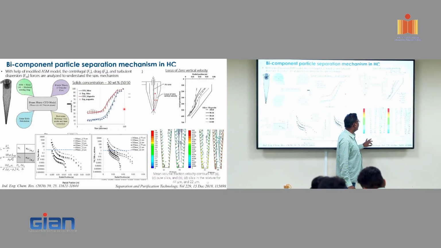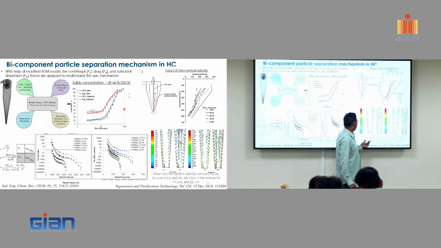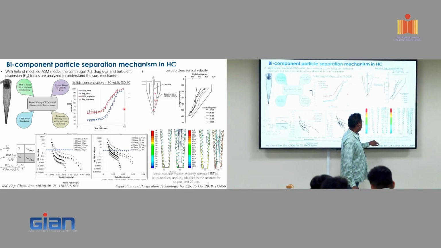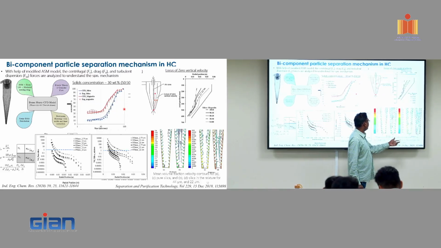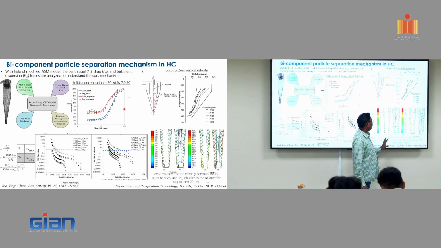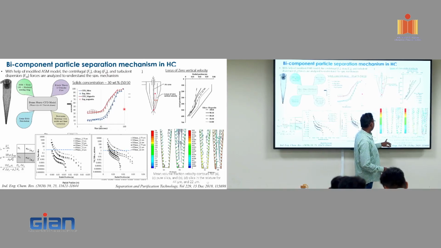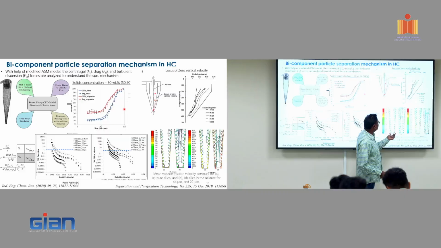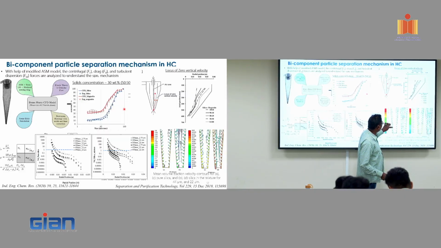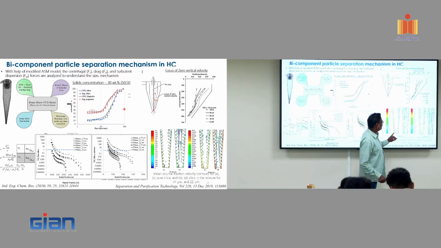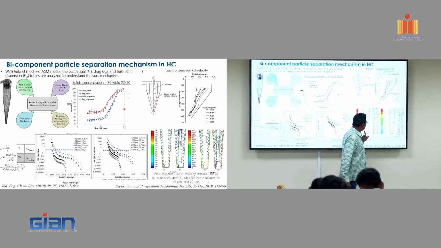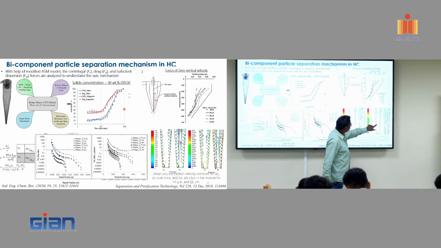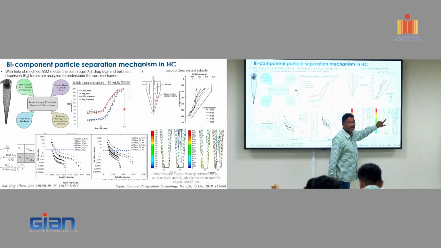A is for the pure silica, and this is about silica in the mixture. If the particle is about here, the 44 micron particle is going downward. Now the moment you have the 50-50% mixture, some of the 44 micron particles, you can see, are actually taking the inside path also.